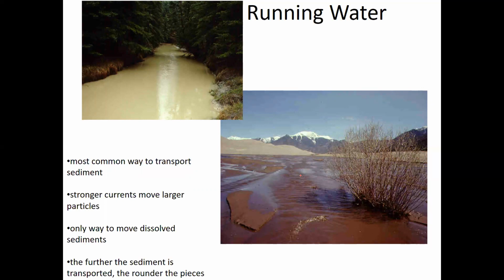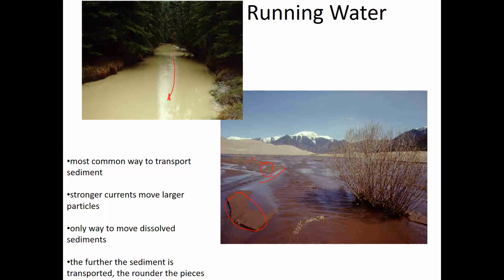Where very slow moving water, like this muddy stream channel at the top left, is just moving slowly. It's only carrying mud. And you can see this stream channel is moving along sand with it.